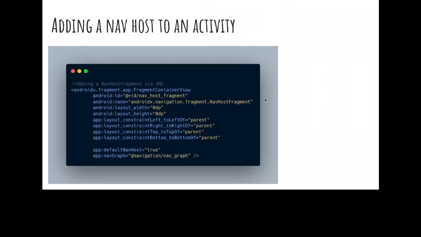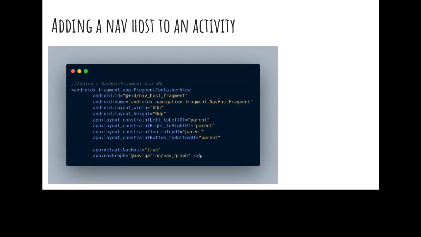Okay, so how can you add a navigation host fragment? You can create an XML tag, let's say fragment container view. It's a container that fragments can be swapped in and out of. Yeah, this is how you create it.